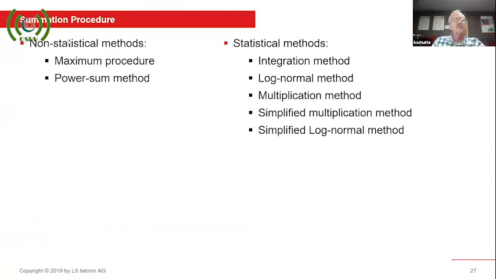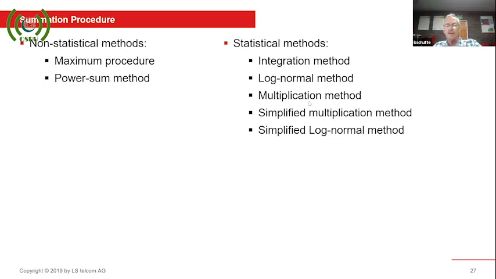Okay, so the summation procedure, typically the typical ones for non-statistical methods are the maximum procedure or power sum method. So it's the sum of the squares of the individual interferers. And then if you look at statistical methods, and many of the digital transmissions also, it's typically the log normal method.